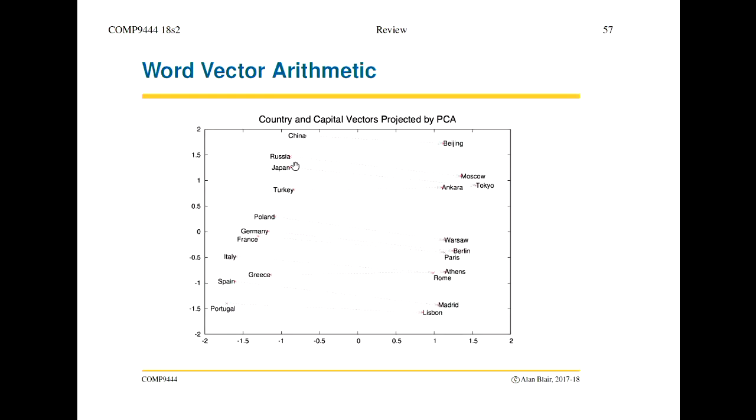So then, once we've got those embeddings, we can use them to do word vector arithmetic. So we looked at how to extract out things like capital cities or largest city or president of a country or first names and last names and all these different relationships.